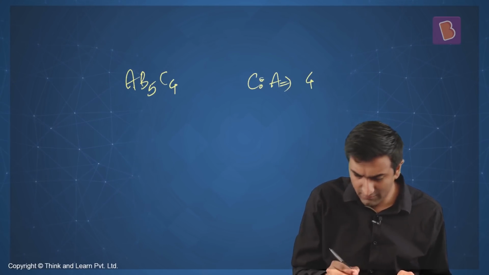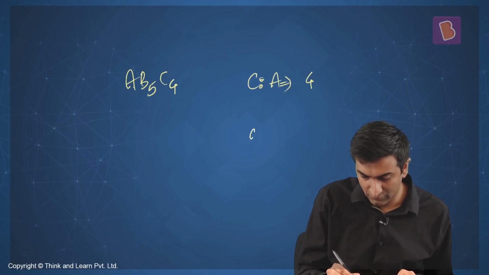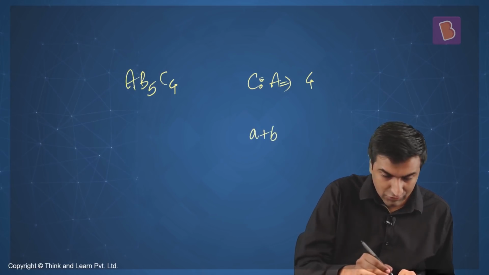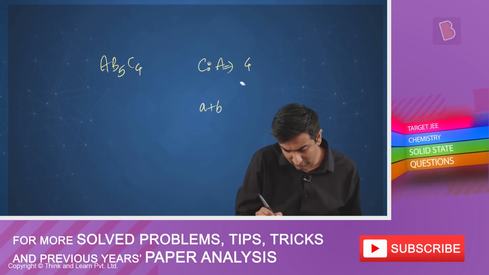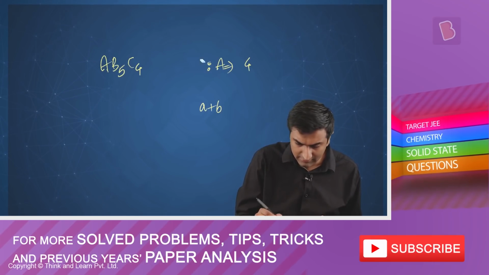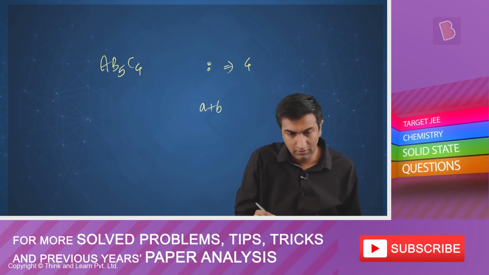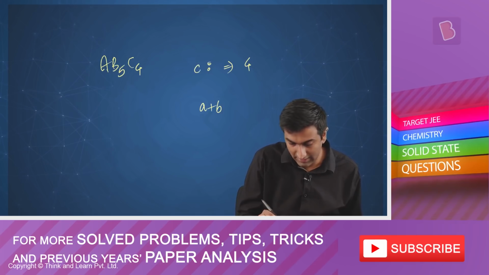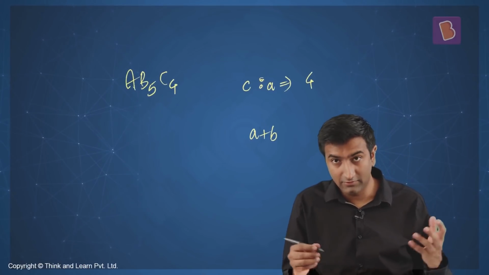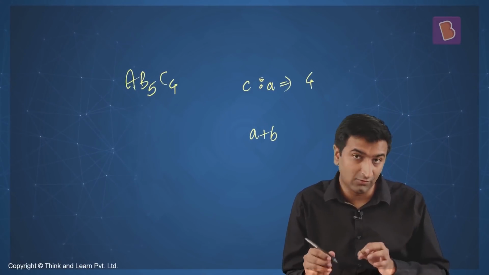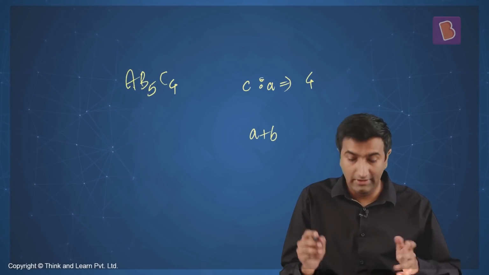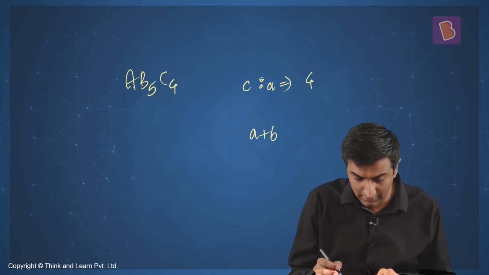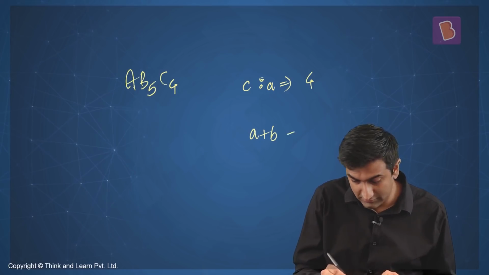That one's correct. What about A plus B? They ask you to find what is small a plus small b. Actually, this should be small, I think. For consistency's sake, let's do small, because capital C and A are the number of atoms in the unit cell, and small a and c were in the whole formula, right? So let's keep it there. A plus B is 6.